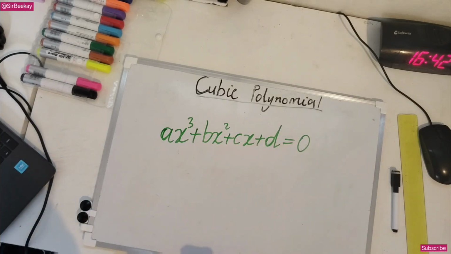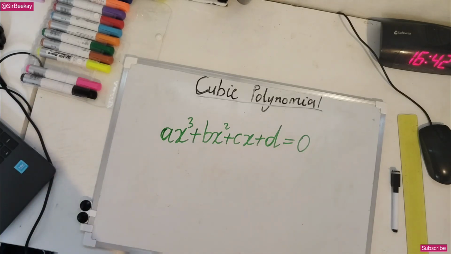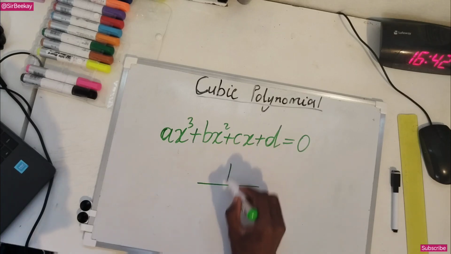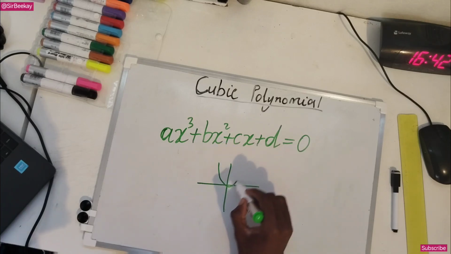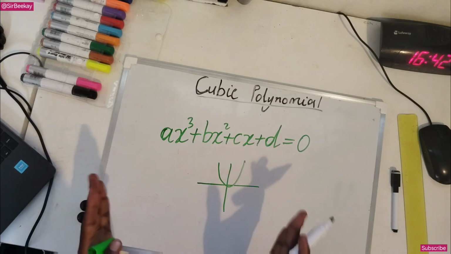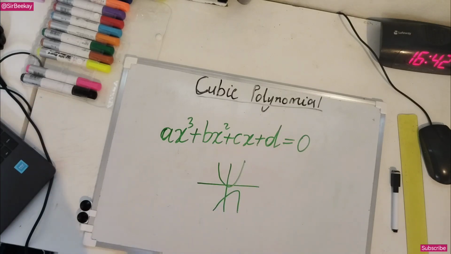Previously, we have learned about a quadratic equation, a quadratic graph or a quadratic function. We know that a quadratic function will take a curve of this nature or a curve of this nature.